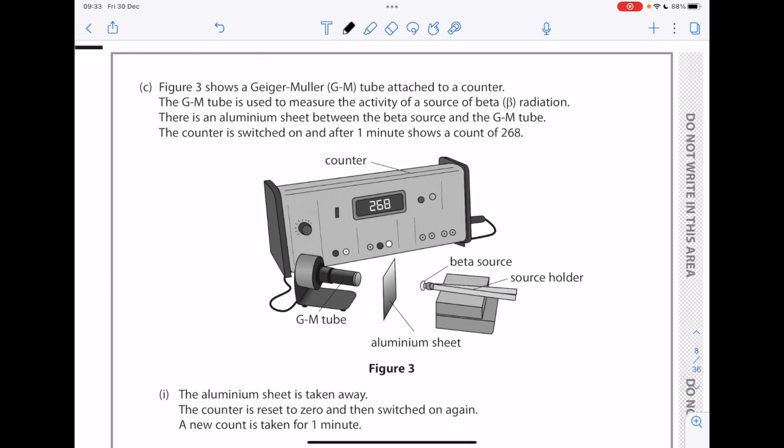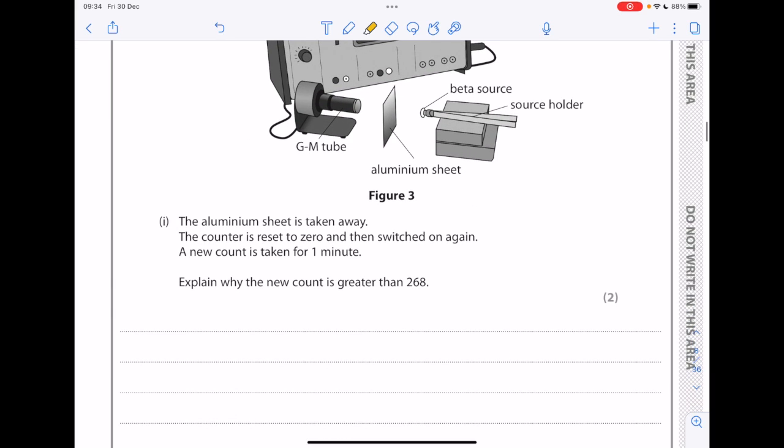Figure 13 shows a Geiger-Müller tube attached to a counter. The Geiger-Müller tube is used to measure the activity of a source of beta radiation. There's an aluminium sheet between the beta source and the GM tube. The counter is switched on, and after 1 minute shows a count of 268. The aluminium sheet is taken away, the counter is reset to 0 and then switched on again. A new count rate is taken for 1 minute.